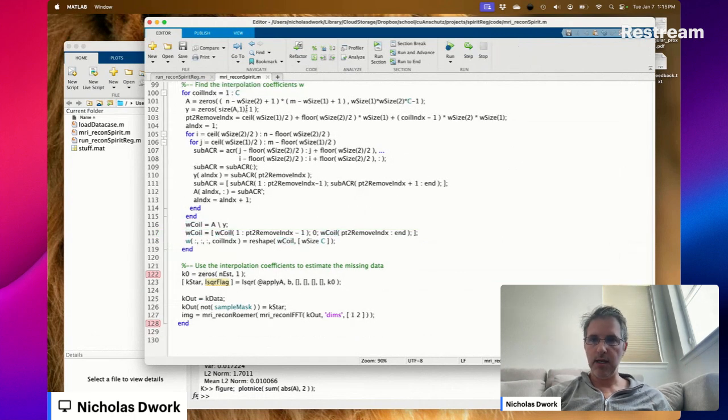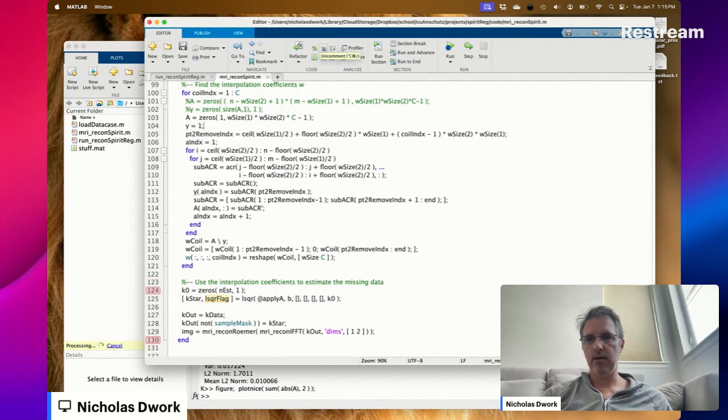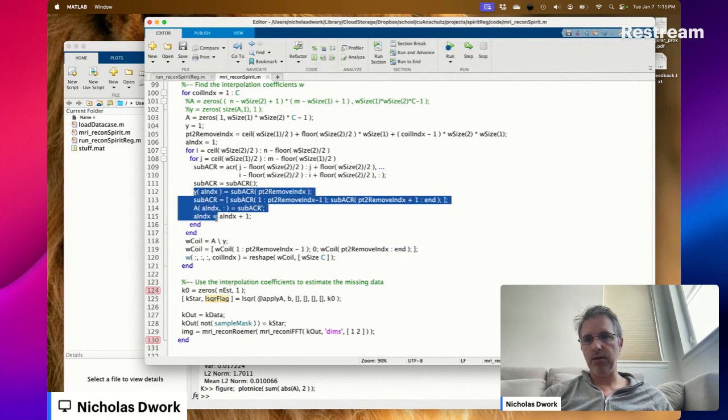The cheating way is to just let a and y be one value, and then let MATLAB grow the arrays.